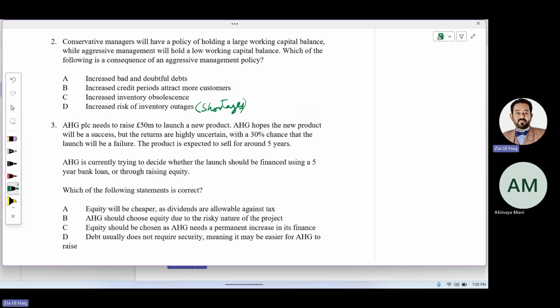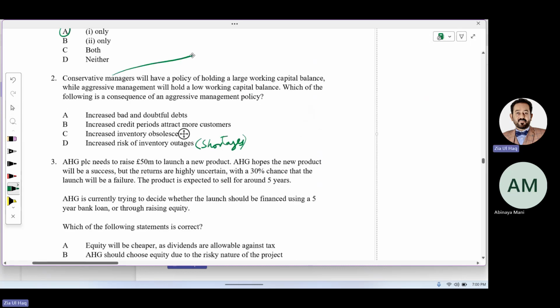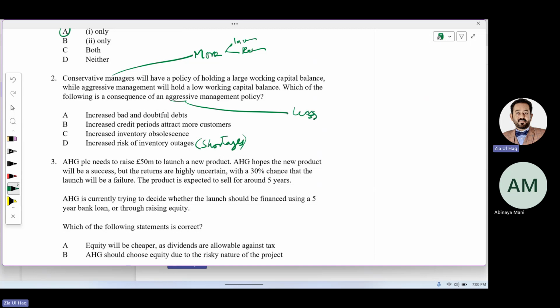So conservative means more inventory and more receivables. While aggressive means less inventory, less receivables and more payables. Aggressive strategy. Number 3.